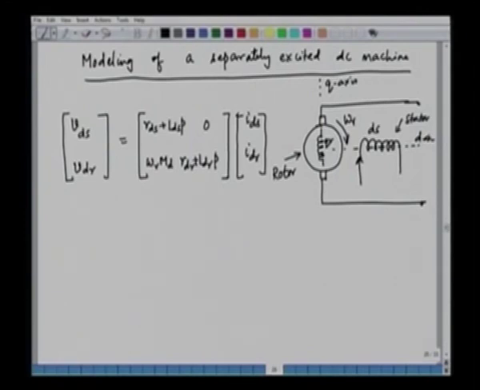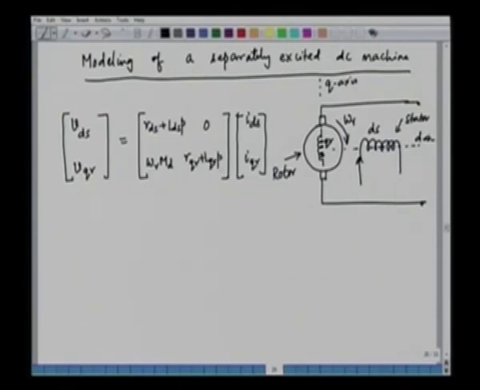Okay, there is a small change here. This is the Q axis. So in this case we have VQR, and this is IQR, and this is RQR plus LQRP.